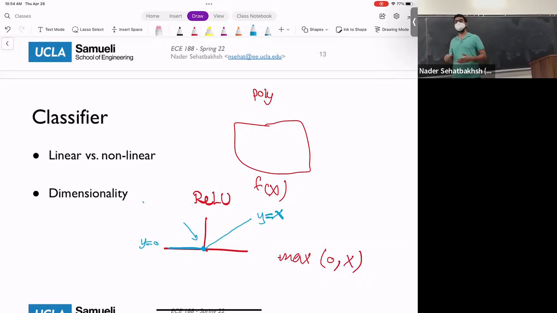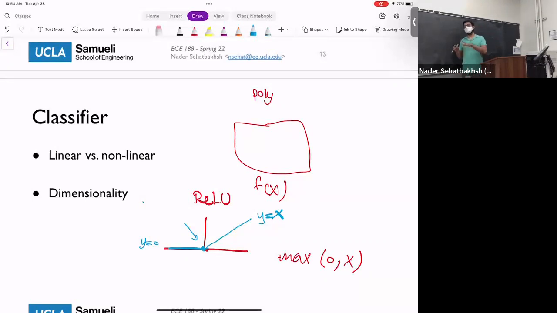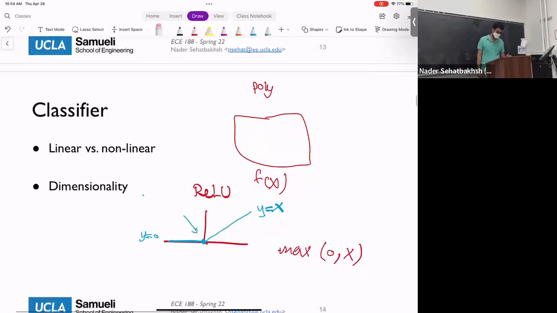This is obviously a nonlinear function, because it's not a combination of polynomials; think of it as some sort of if function. Okay? And finally, your classifier does not need to be a 2D classifier. It could be a multi-layer, multi-dimension classifier. It could be order of n, much more than order of 2. So that's also something to keep in mind.